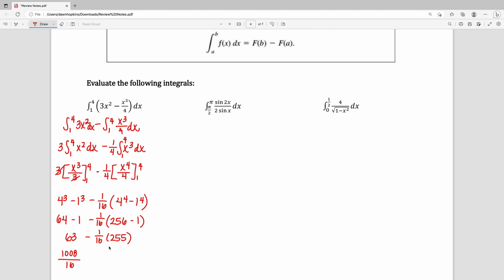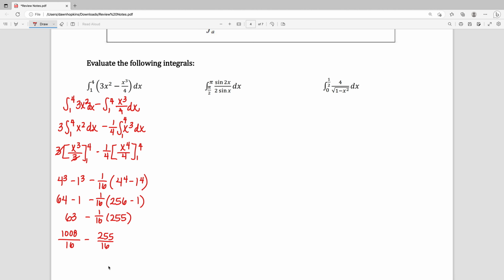Now the other part, 1/16 times 255, is going to be the fraction 255 over 16. And then subtracting, it's not going to be a pretty fraction, but we do get the answer, 753 over 16.